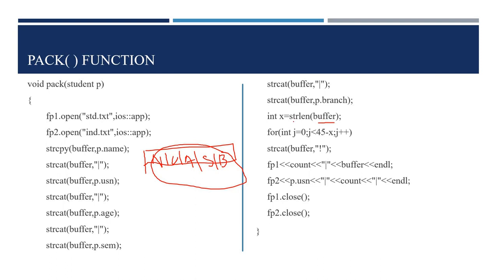This buffer length is calculated using string length, and it will be ended with the exclamatory mark, that is the concatenation of the buffer value with the exclamatory mark to identify the end of the particular record. And then the count will be considered for the individual records.